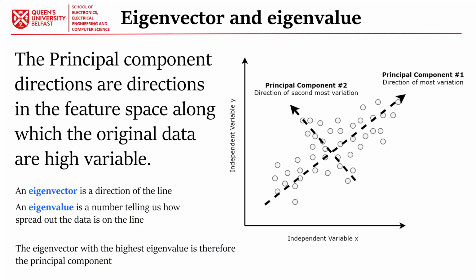After projection, we got a new coordinate system which has one axis, this one, which we call principal component 1, PC1, and the second axis, which is orthogonal, meaning at a right angle with the first axis, principal component 2, providing the direction of the first most variation and the second most variation of the data.